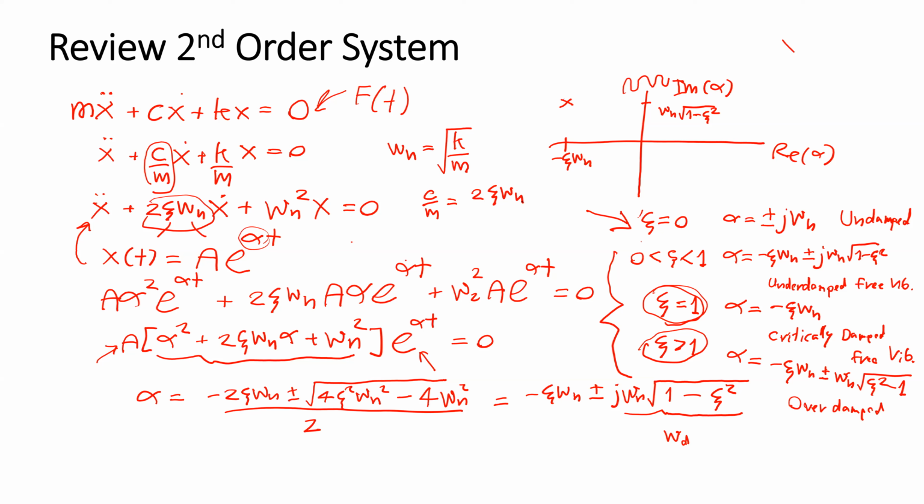So the damping ratio is equal to C divided by 2M omega n, and omega n is the square root of K divided by M. So you can relate the damping ratio to the damping coefficient, the spring stiffness, and the mass. Okay.